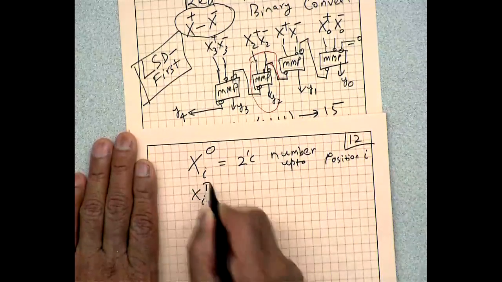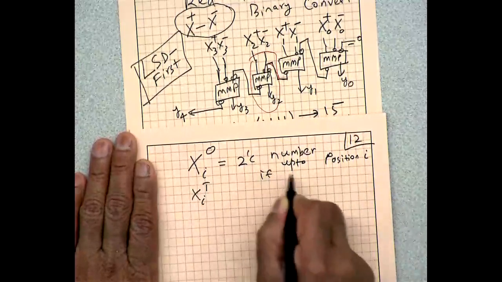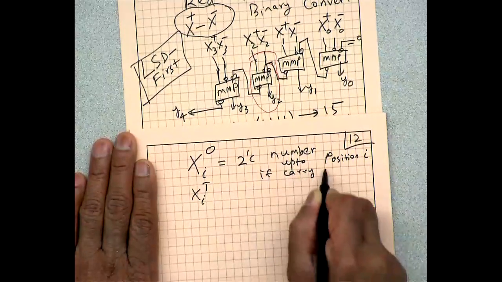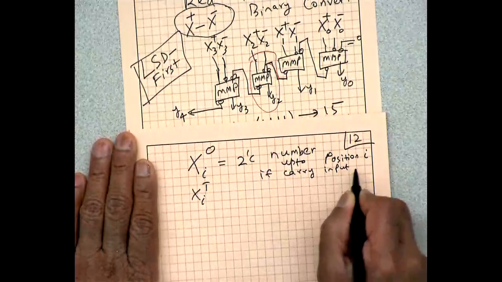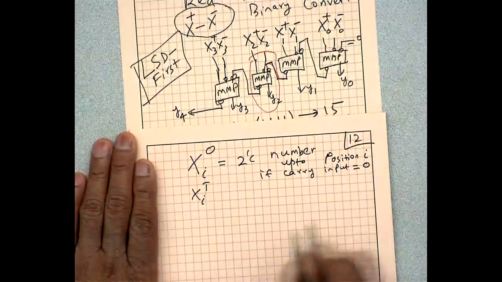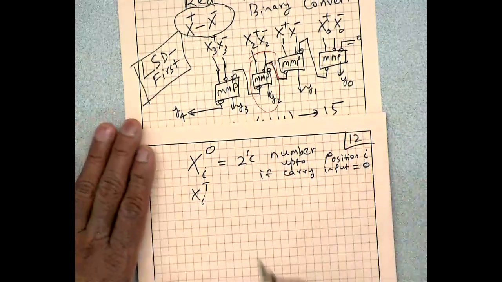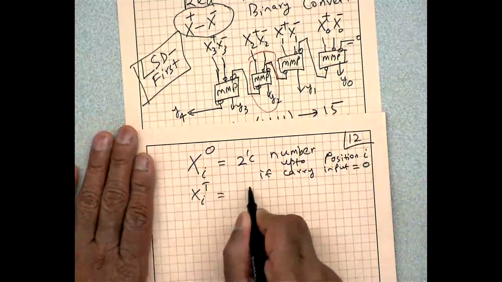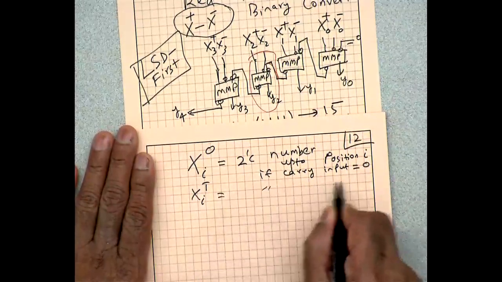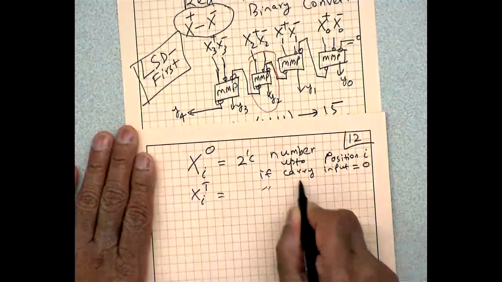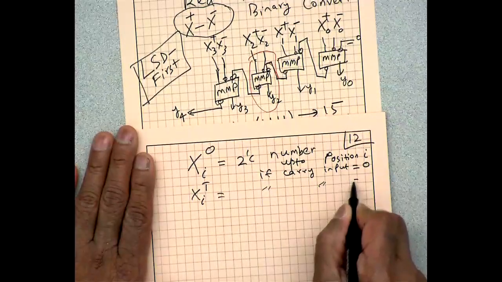xi 1 bar, at position I, if the carry input is equal to 0. Carry input to position I is 0. xi 1 bar is the same thing if the carry input is equal to 1 bar.